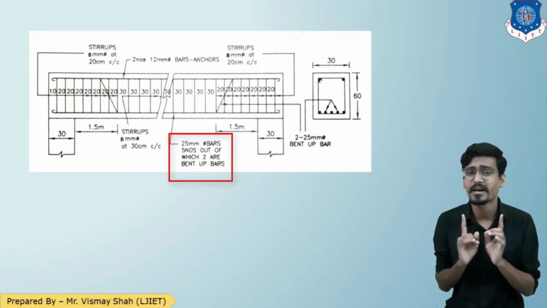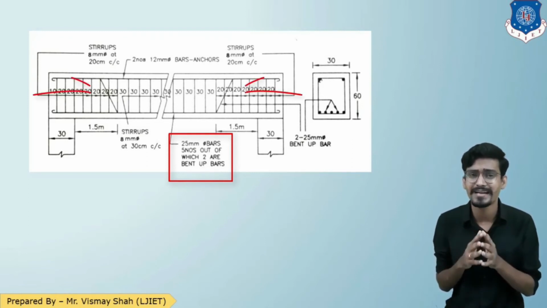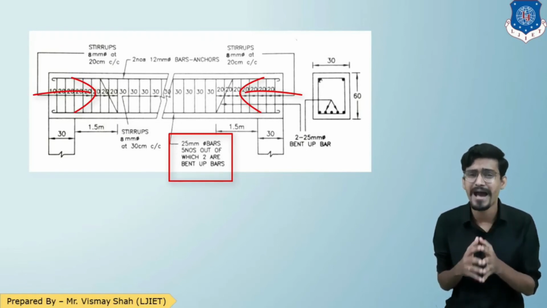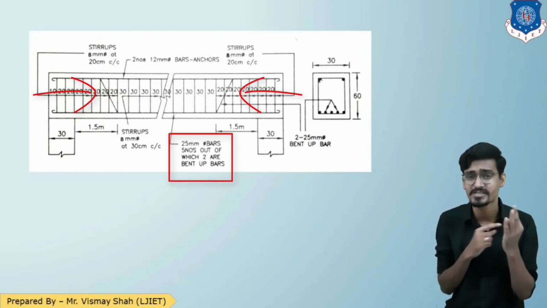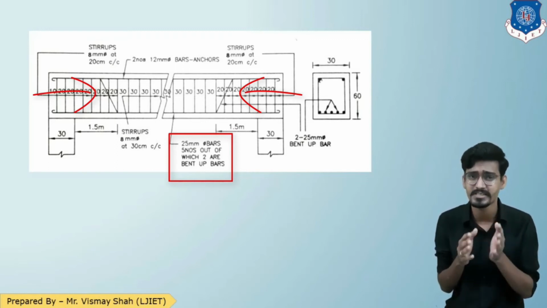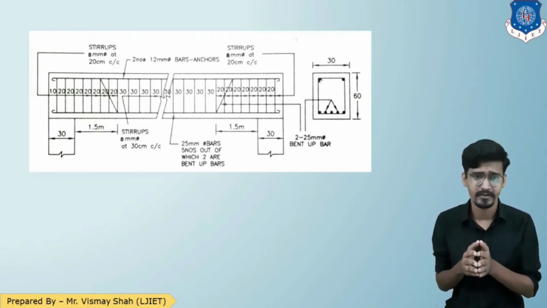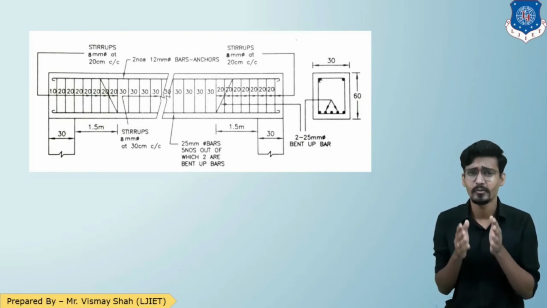You can see in the figure there is a bent up at both the ends provided. So there are 5 numbers of 25 mm bars, and out of 2 are bent up. So remaining 3 are the straight bars. And the stirrup is also shown of 8 mm diameter in the figure, which we have already read in question. So I hope we are clear about the figure.